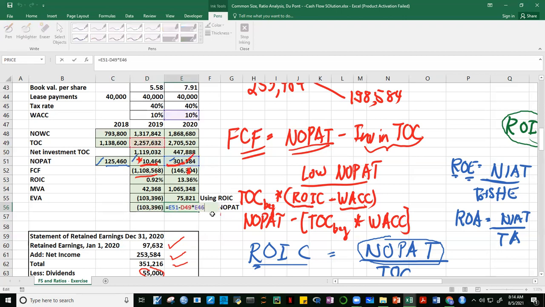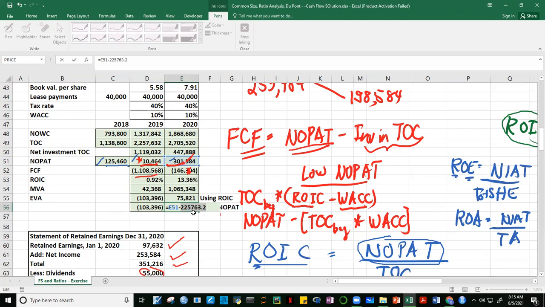No? So 2020 naman, nag-generate ng NOPAT na 301,584. Now, again, the question, magkanong capital ang provide sa management? 2,257,632 multiplied by 10%. This gives us, ito, this is 225,763. Ito yung capital charge. Ang NOPAT natin 301, greater than 225,763.